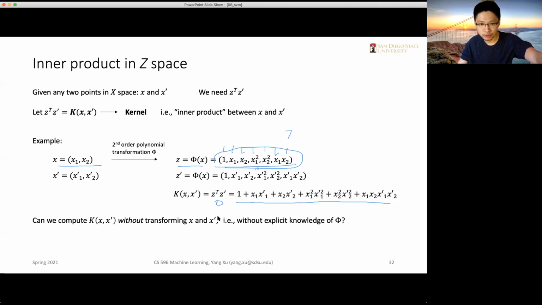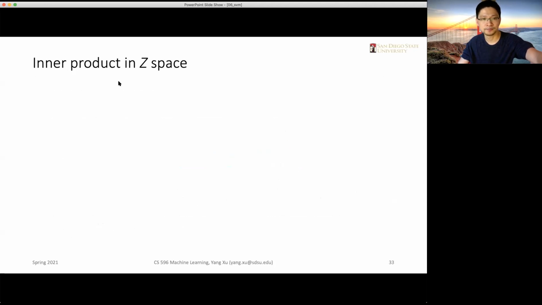So we don't actually need to know phi. This slide shows that if we know the transformation, it is good for us to compute the inner product, but we don't need to know the transformation at all.